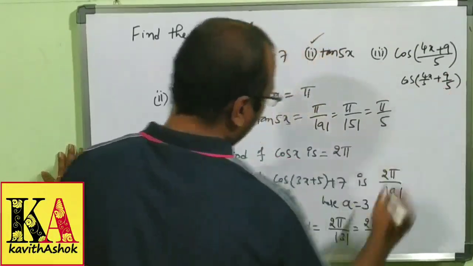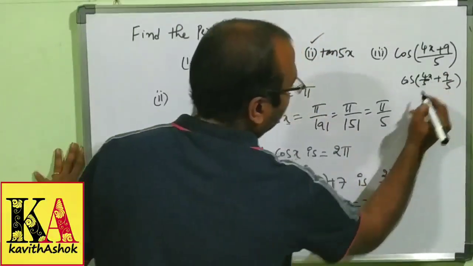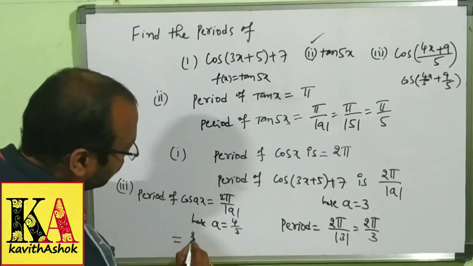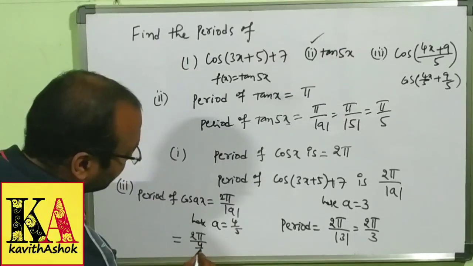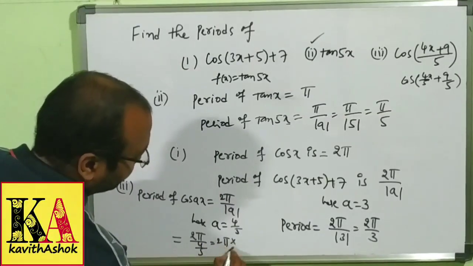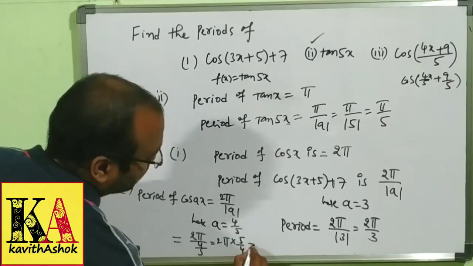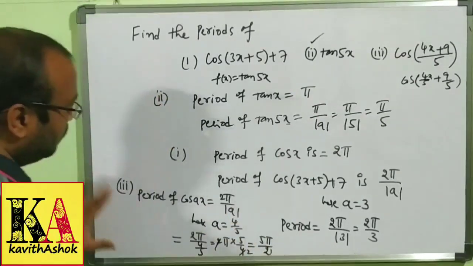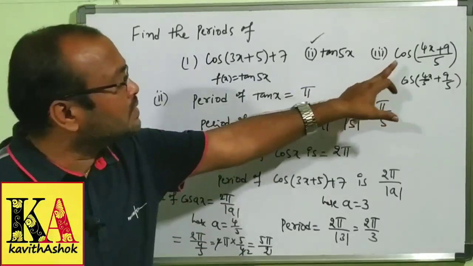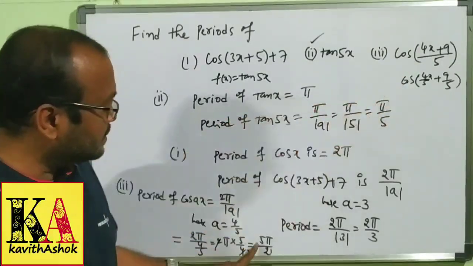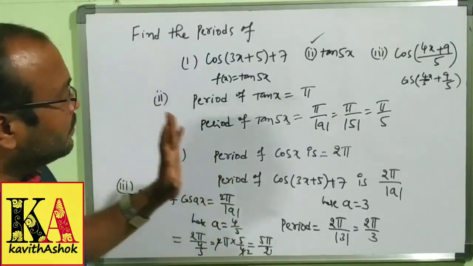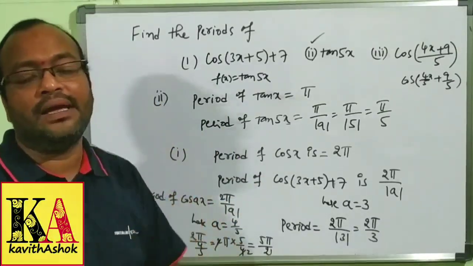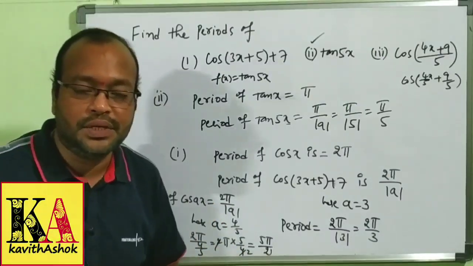So the x multiple is what? 4 by 5. So the a value will be 4 by 5. Then this is equal to 2 pi by 4 by 5. So 2 pi, it will be reversed, 5 by 4, then 2 ones are 2, 2 twos are 4, so 5 pi by 2. So the period of cos of 4 by 5 x plus 9 by 5 is 5 pi by 2. Like this we can calculate the periods. From these questions definitely we may expect a 2 marks question.